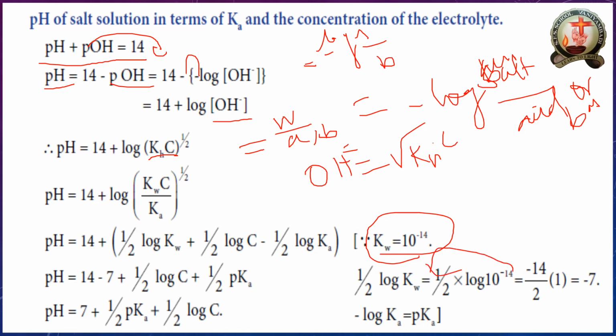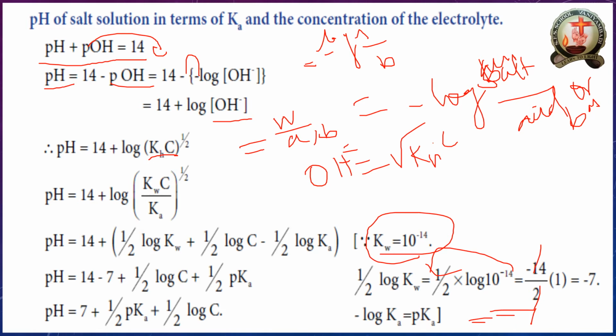Minus 14 divided by 2 into 1. The value of log base 10 power 1 is equal to 1. With simple multiplication, we get minus 7. Then pK is equal to pKa. We already found this for the log value calculation.